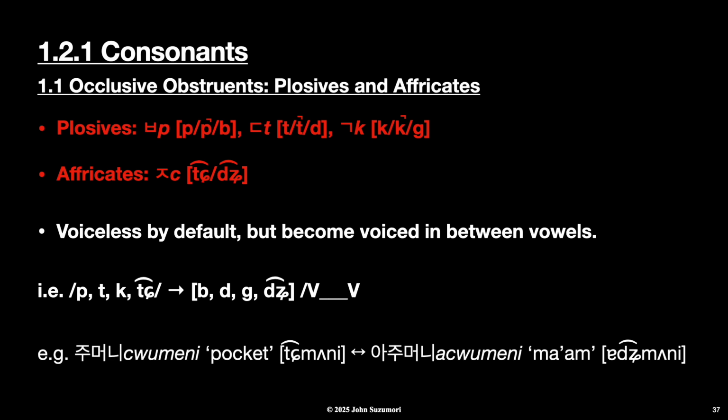For example, in the Korean word jumoni, meaning pocket, the affricate is voiceless, whereas in ajumoni, meaning ma'am, the affricate becomes voiced because it appears in between vowel sounds, namely a and u.